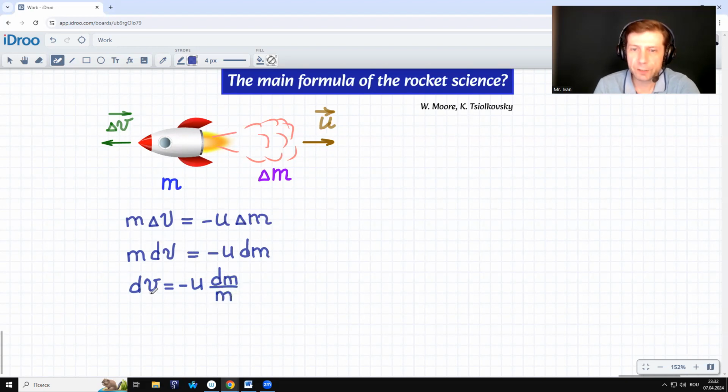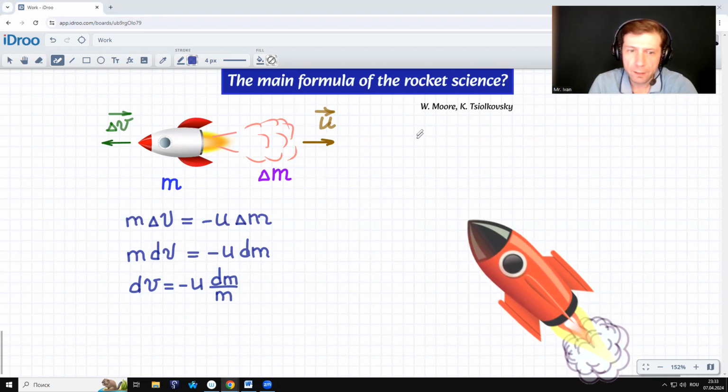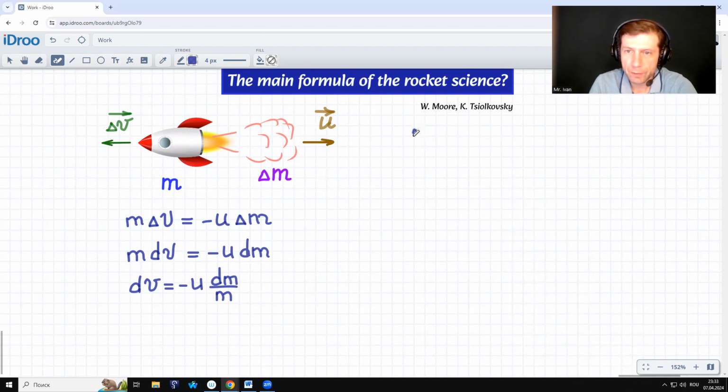And then from here, let's take the integral of both parts. We'll have the integral of dv on the left-hand side equals negative, u is a constant so it can be factored out, the integral of dm over m.